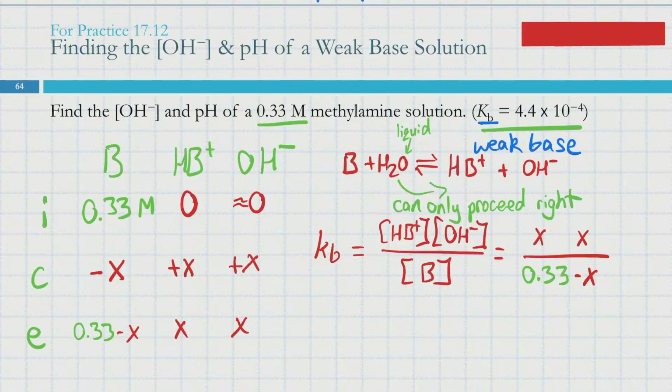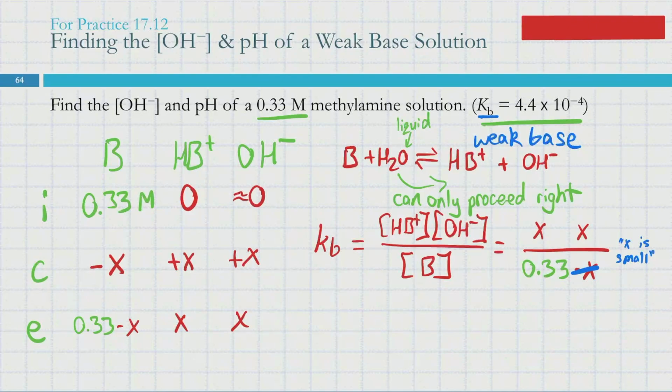Let's go ahead and try our x's small approximation. So if we try our x's small approximation, that gets rid of the minus x in the denominator. And we'll end up with 0.33 times our Kb value, 4.4 times 10 to the minus 4, and that's equal to x squared.